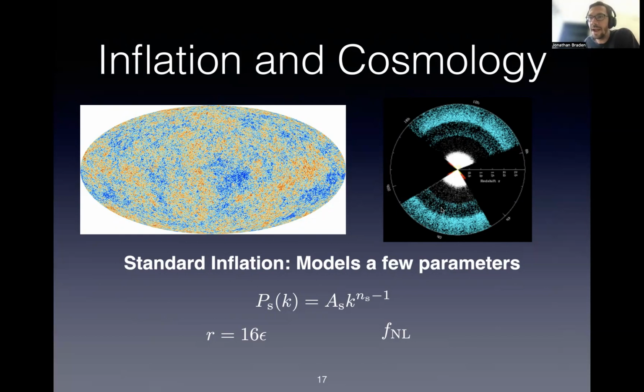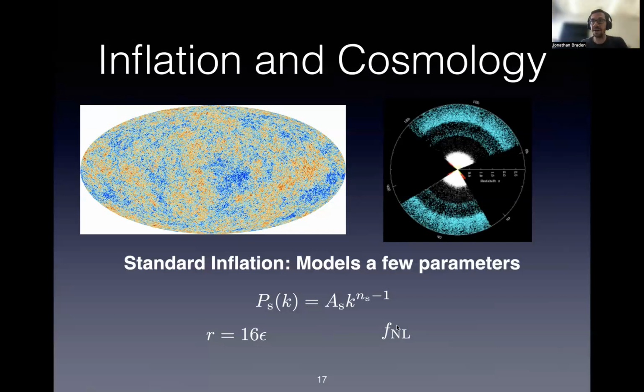Okay. And at present, as it pertains to the early universe, these very wonderful, complex data sets are basically used to fix two numbers in our cosmological model. We get a spectral slope and amplitude on a power spectrum. Okay. And then there are some other constraints on things like the tensor to scalar ratio, or some perturbative measure of how non-Gaussian the fluctuations are.